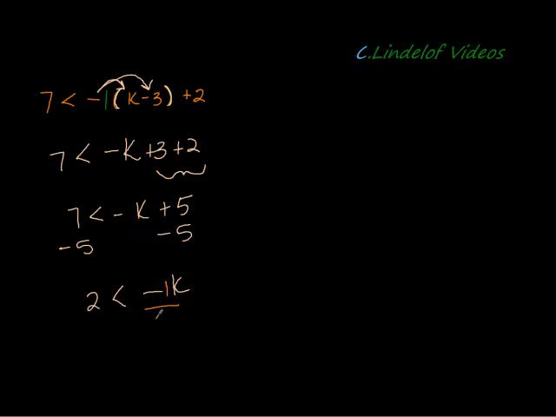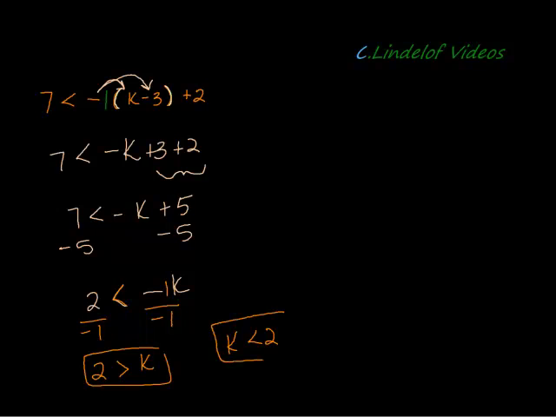So I'm going to divide both sides by -1. Guess what I just divided by? I divided by a negative number. So what am I going to have to do with this inequality? I'm going to flip it. So here's k. I'm going to flip this over again just so I can graph it more easily. And I get k is less than 2 is my solution.